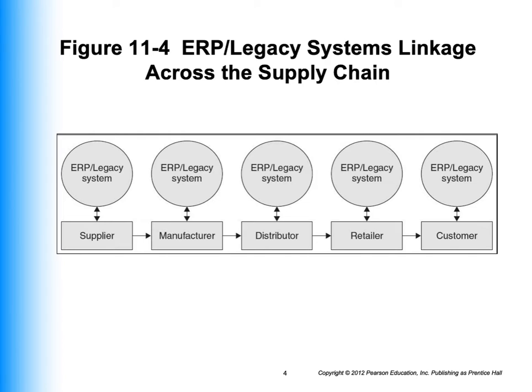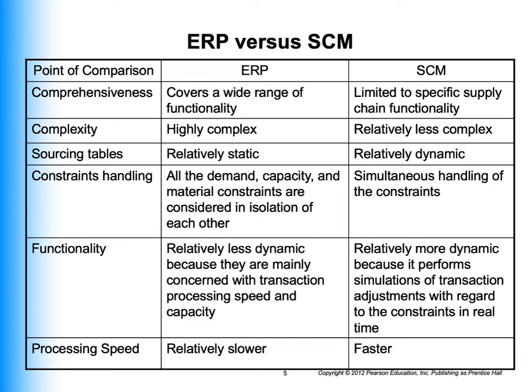Next, we take a look at the comparison of ERP and SCM. ERP is very comprehensive in terms of coverage. SCM is limited to the supply chain. ERP is highly complex, it's less complex for SCM.